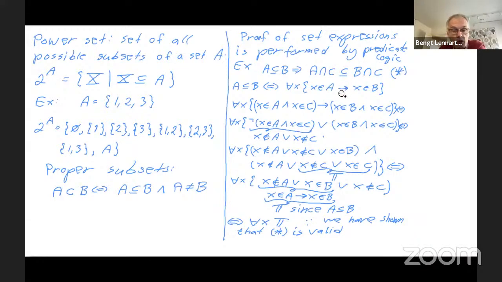I must use the conditional statement, because I would like to go further and to replace this with not X belongs to A or X belongs to B, etc. But that comes on the coming lines here.